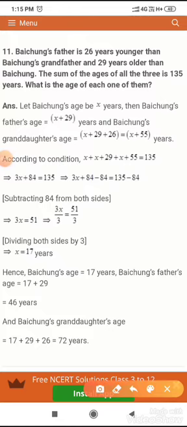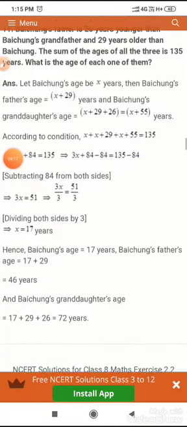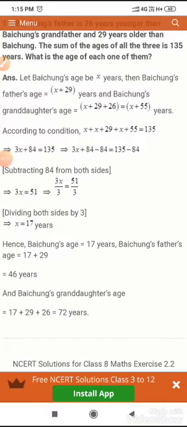In this question, first we assume that Baichung's age is x years. If Baichung's age is x years, then his father is 29 years older, so his father's age is equal to x plus 29.